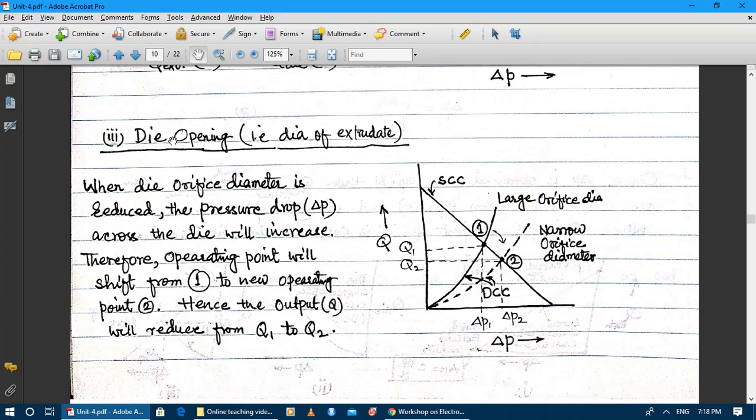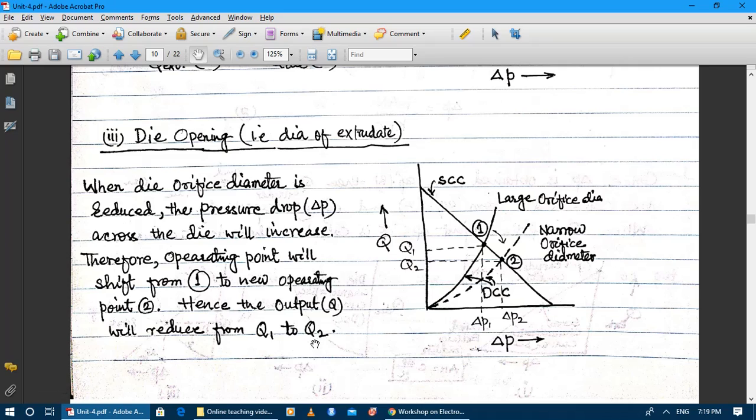Next is the die opening, or the diameter of the extrudate. When the die orifice diameter reduces, the pressure drop ΔP across the die will increase. Therefore, the operating point will shift from point number 1 to new operating point number 2.